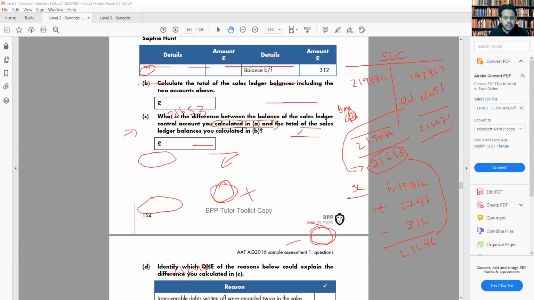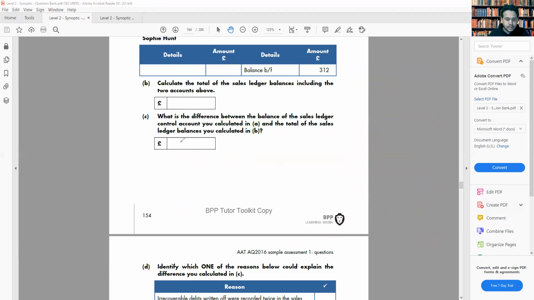The difference between these two is 407. Let me check: 21,653 minus 21,246, yeah, 407. So the difference is 407.